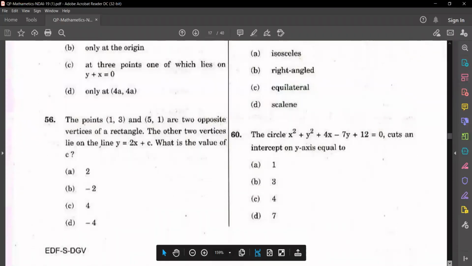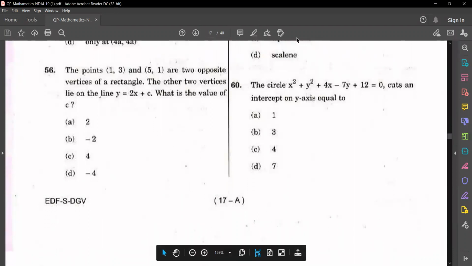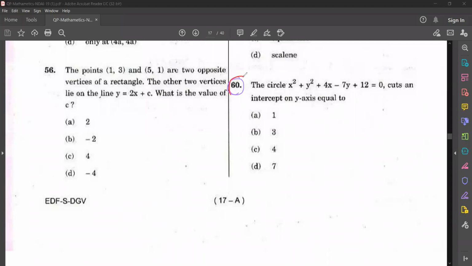Question number 60. The circle x square plus y square plus 4x minus 7y plus 12 equal to 0 cuts an intercept on the y-axis equal to.